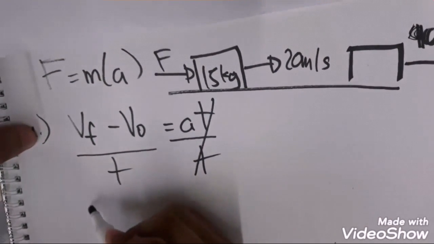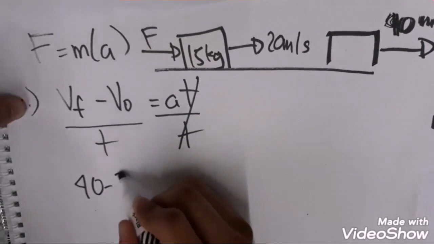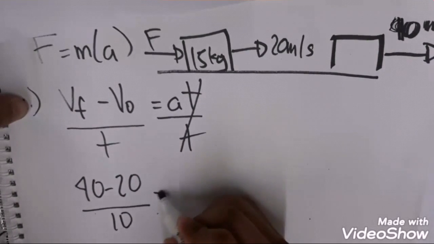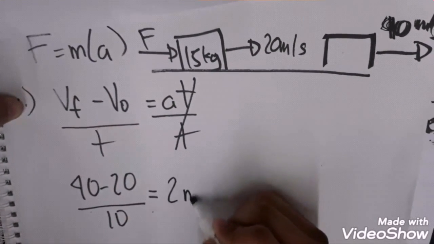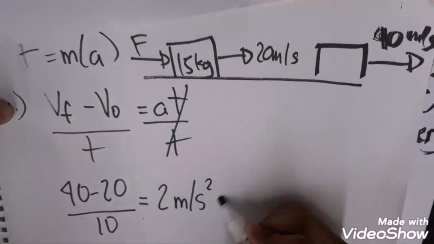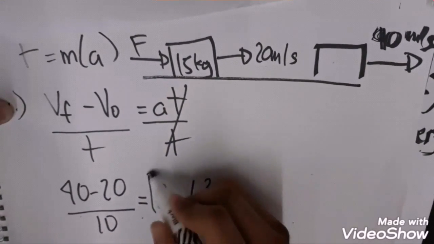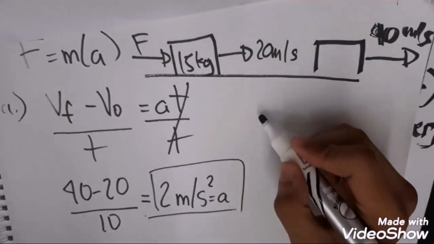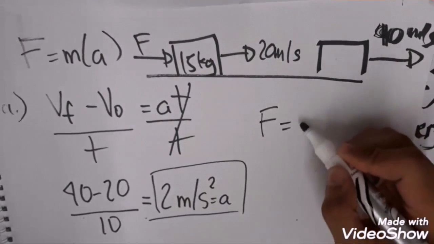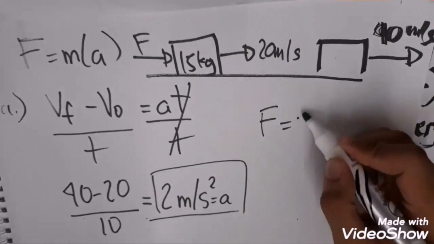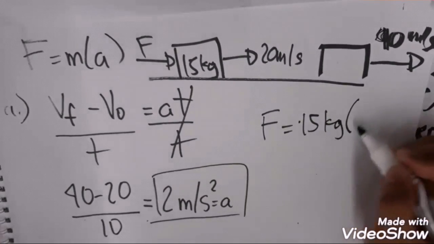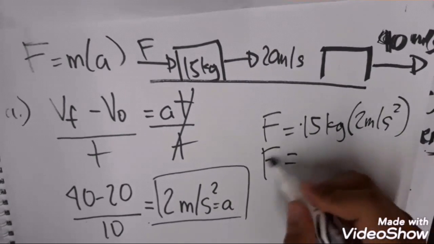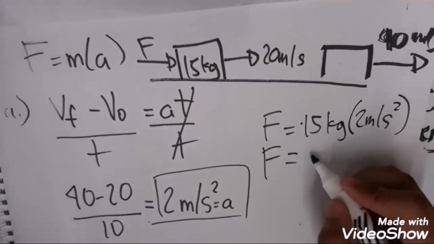And therefore we should plot the final velocity minus the initial velocity and divide it by time, which will result as 2 meters per second squared as our acceleration. Now, after getting the acceleration, we can get the force by plotting the mass, which is 15 kilograms, and 2 meters per second squared. Now, we will have a force of 30 newtons.